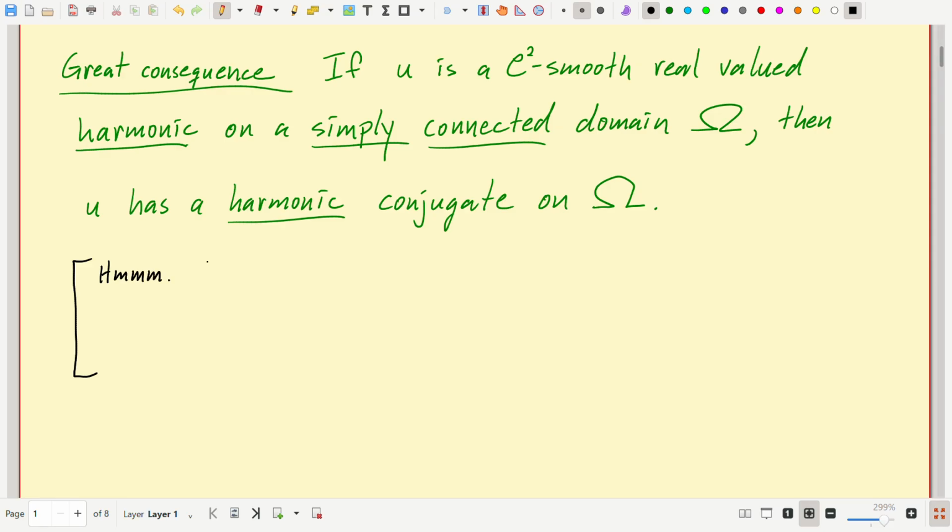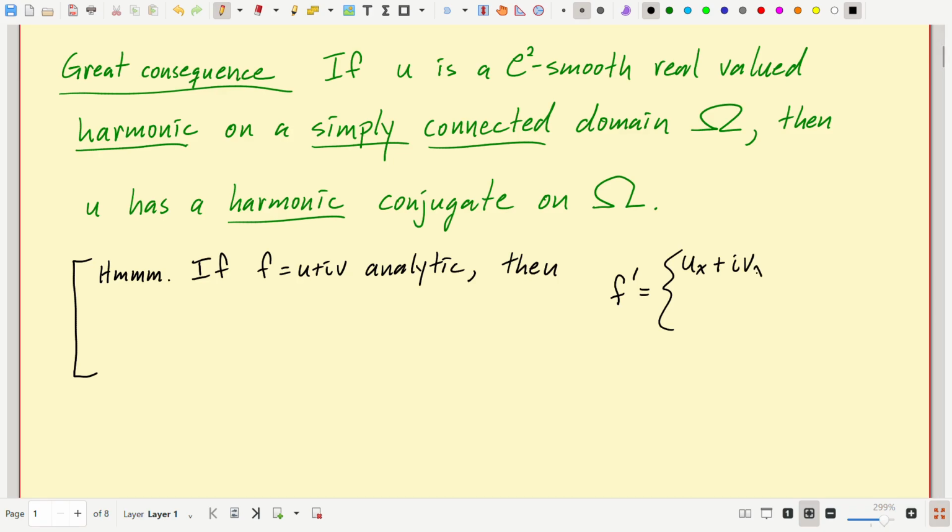If f equals u plus iv is analytic. So if I had a harmonic conjugate, I would have f equals u plus iv, and it's analytic. Then we had red box number 1 and red box number 2. Remember what they were? Their f prime could be either du dx plus i dv dx.